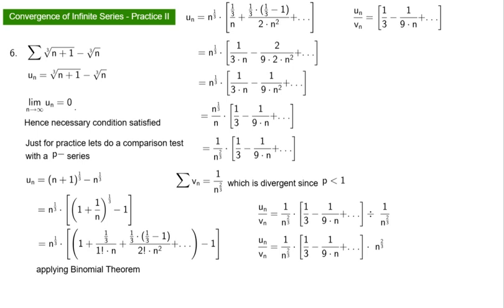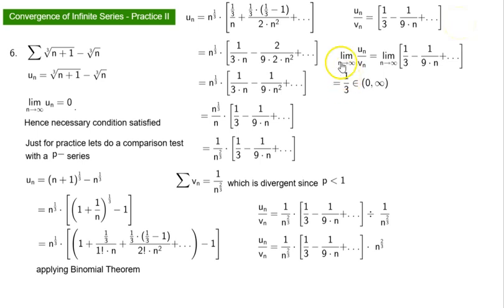And now finally we take the limit. As n goes to infinity, what happens? 1/3 is a constant, it remains as it is. And in all the rest of the terms, n is in the denominator. That means all the terms disappear.